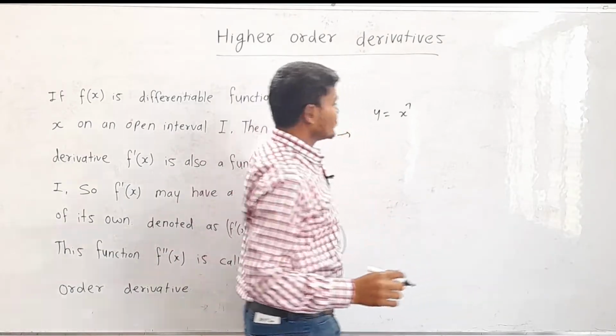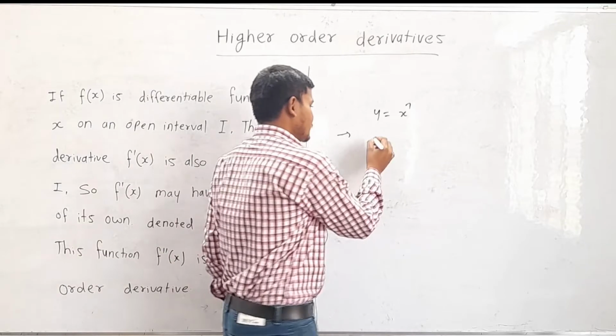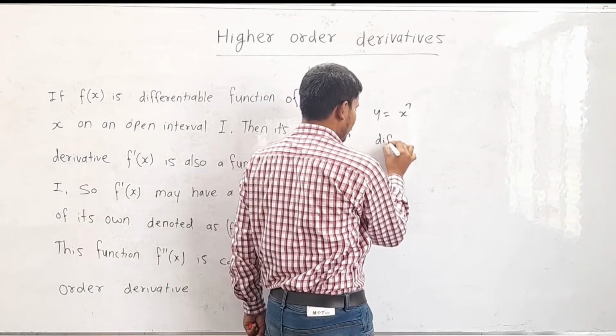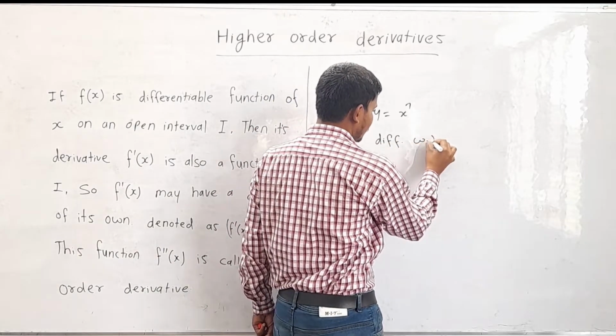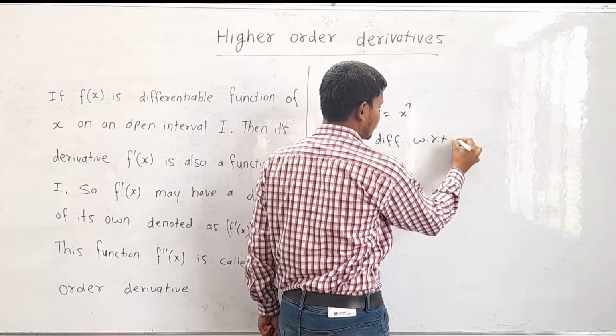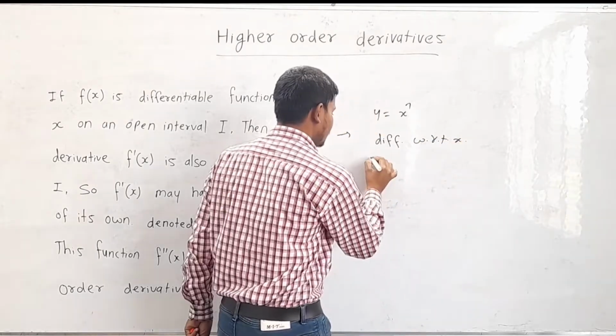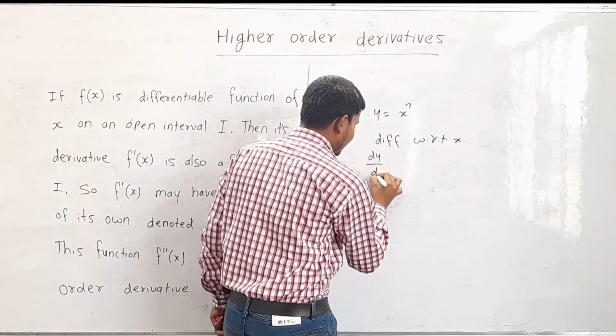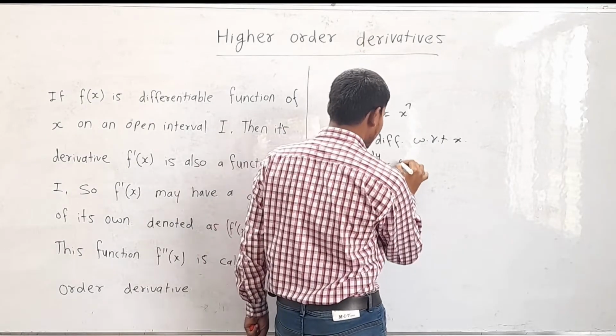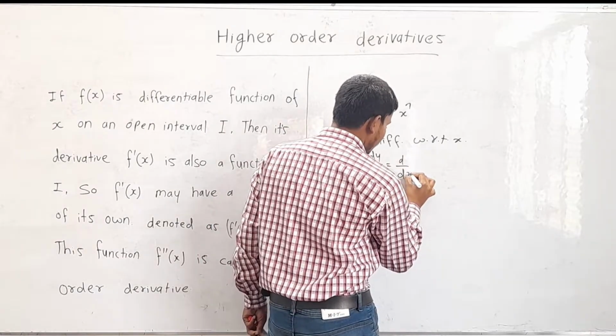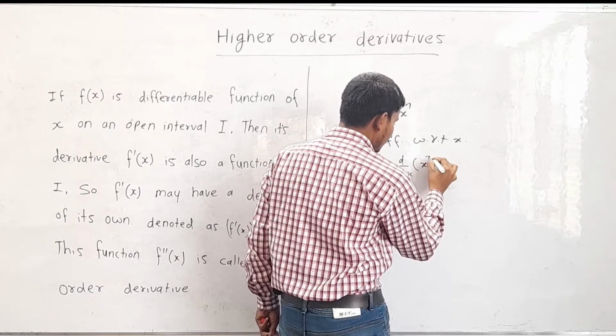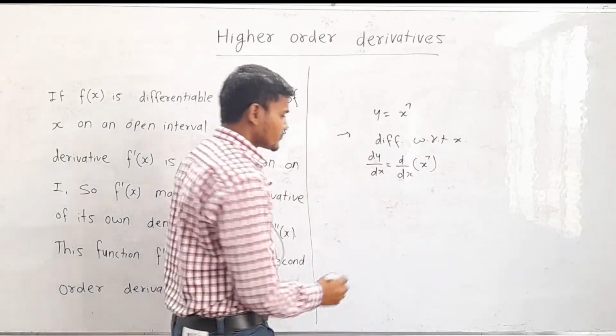Now, differentiate with respect to x, then dy by dx is equal to dy dx of x raised to 7.